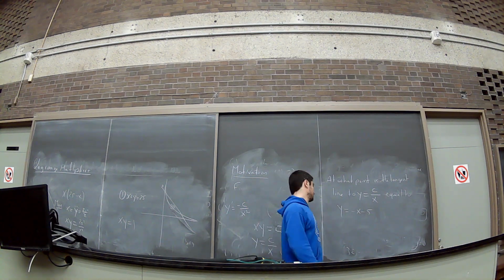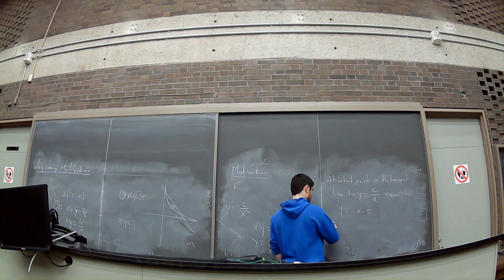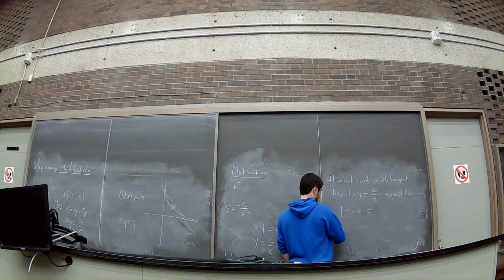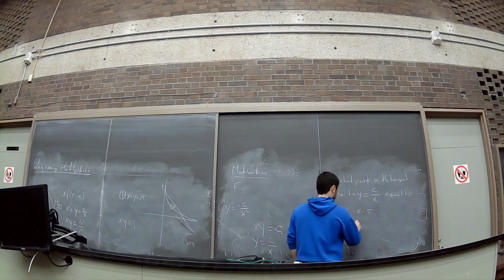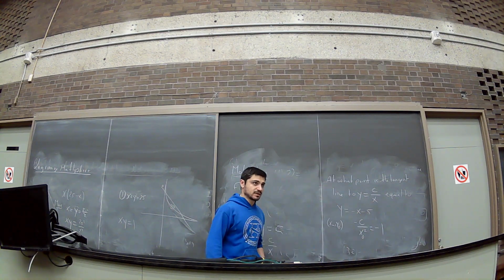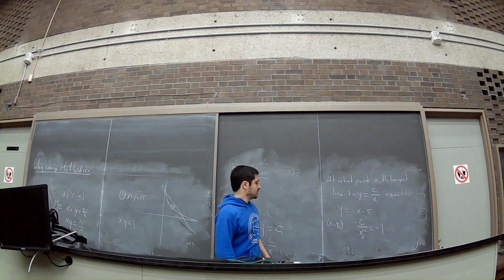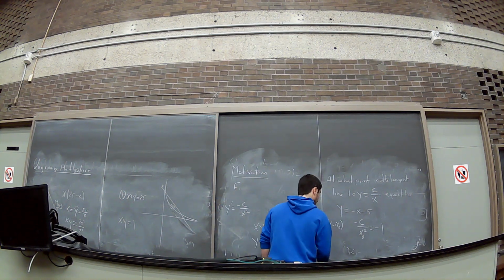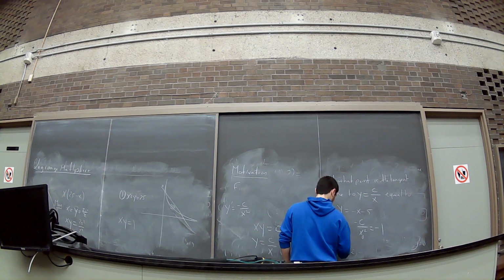So really here, what you need is to find a point x0, y0 such that minus c over x0 squared is minus 1, right? You want the slope to be minus 1. And what else do I want?